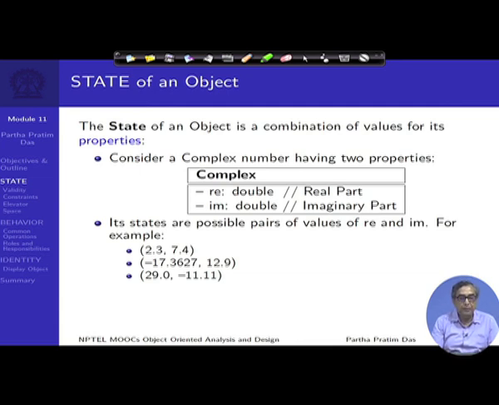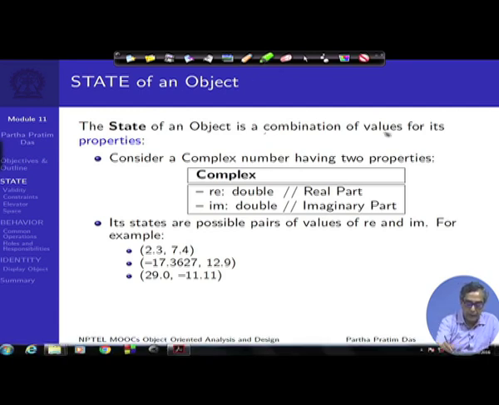The state of an object is a combination of the values for its properties. Just note, it is dependent on the properties, and a state will be given by the combination of the values that the properties have. If I have a complex number object, it has two properties, real part and imaginary part.